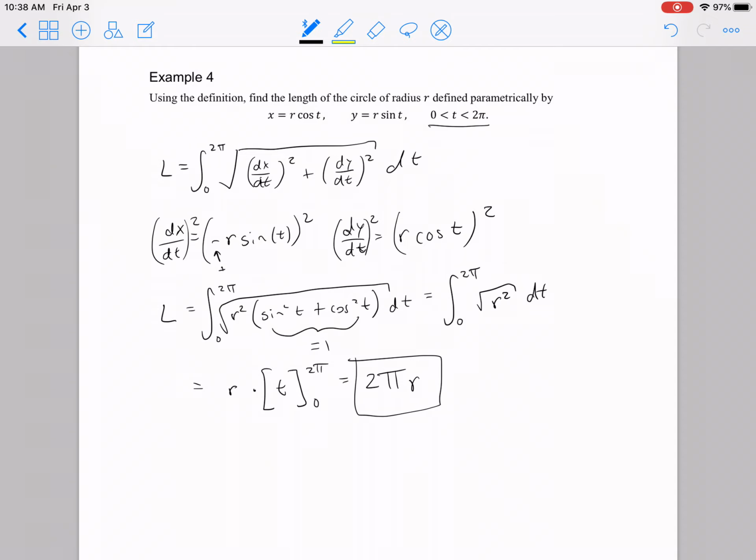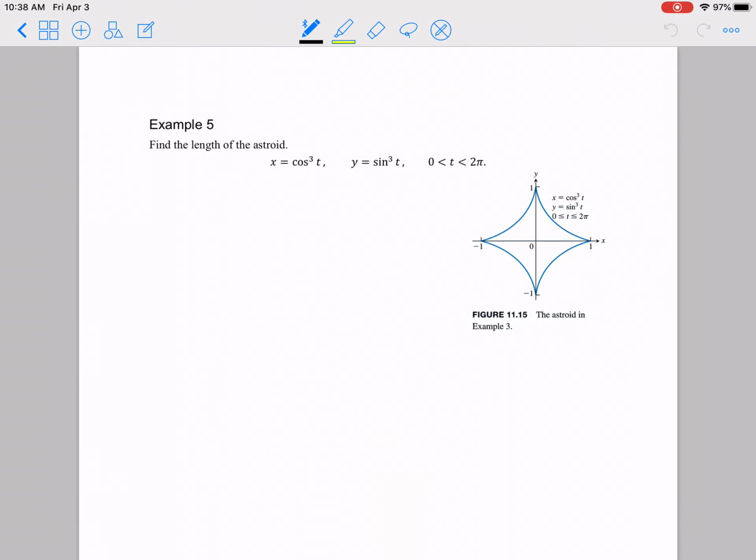Okay, all right. So next, let's take a look at an example, and we want to find the length of this curve here, the asteroid, whereas before we only found the area inside of it. So let's take a look and see if we can go ahead and do that.